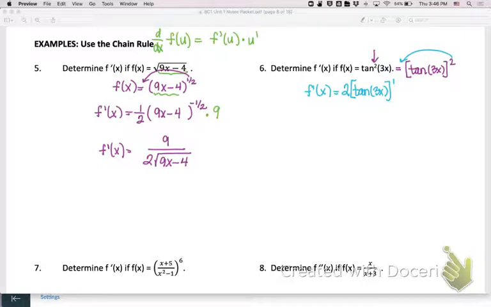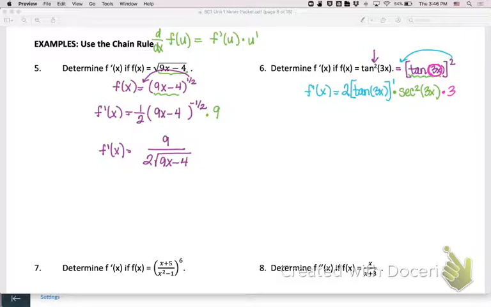Now we need to take the derivative of tangent 3x. So times the derivative of tangent is secant squared. And we leave the inside alone. And then we need to take the derivative of the most inside, which is 3x. So we have times 3.